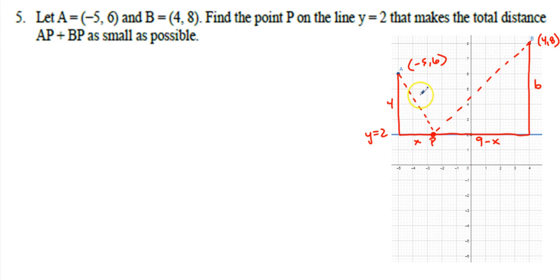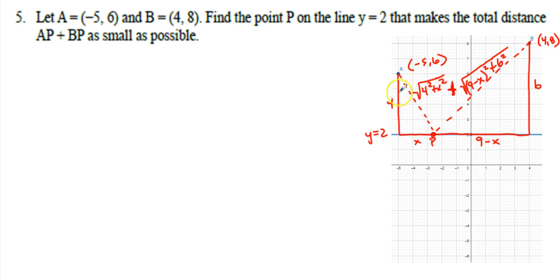I can now write my distances based on x and then minimize that distance. So this would be the square root of 4 squared plus x squared. This would be the square root of 9 minus x, squared, and then that height was 6, so plus 6 squared. And I write my function by just adding these two together.